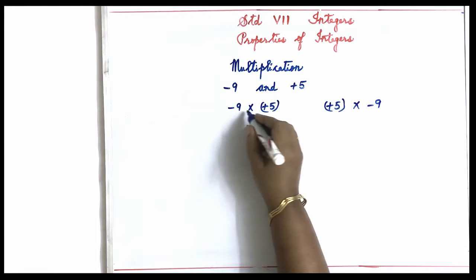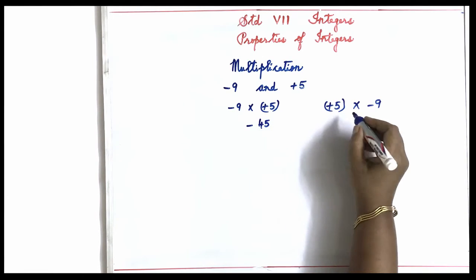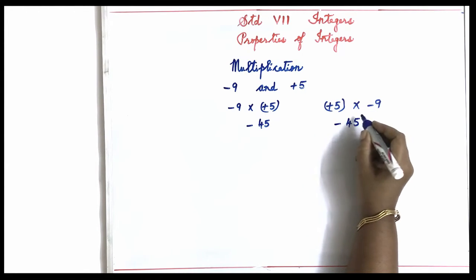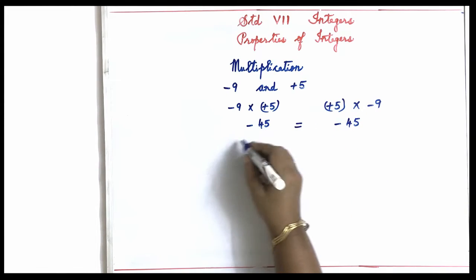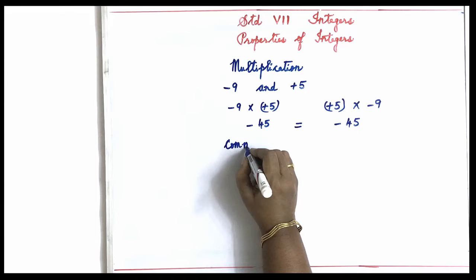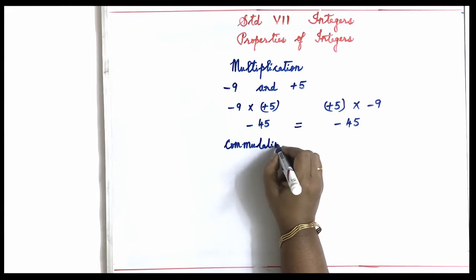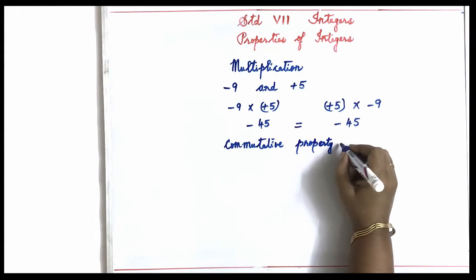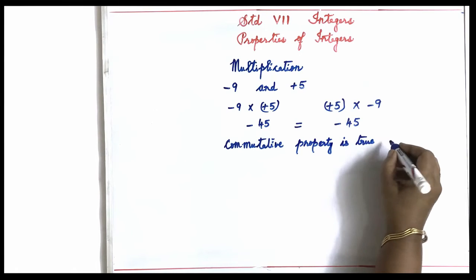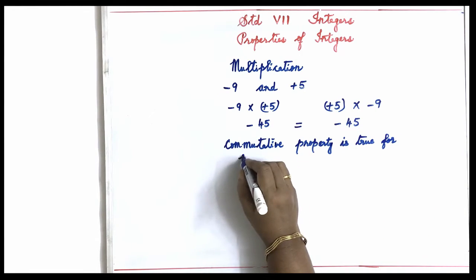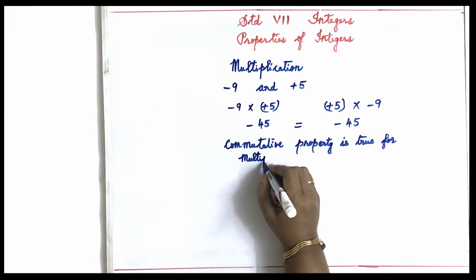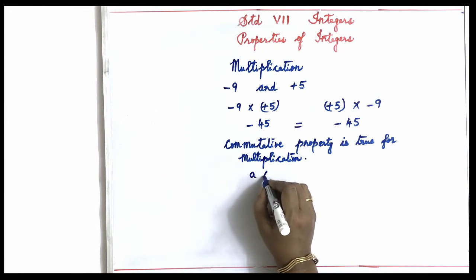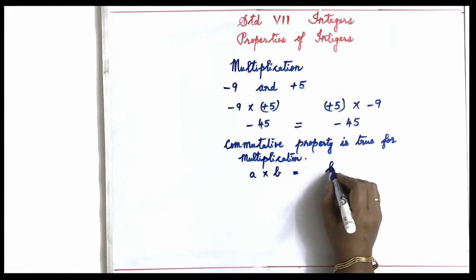Minus into plus is minus. 9 5s are 45. And here plus into minus is minus. 5 9s are 45. So both the sides are equal. So commutative property is true for multiplication. So this can be written as A into B is equal to B into A.